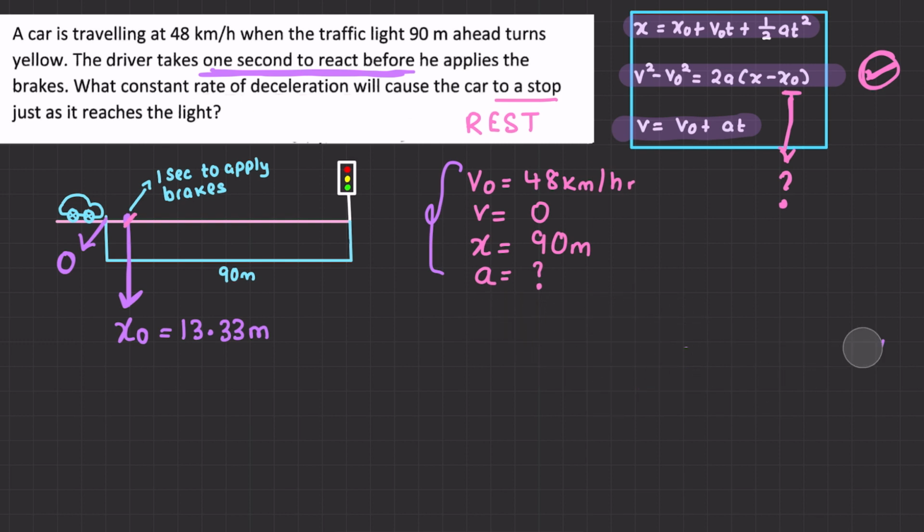Let's write down now. And we can simply plug in everything into our second equation.